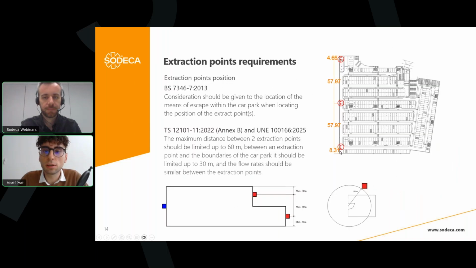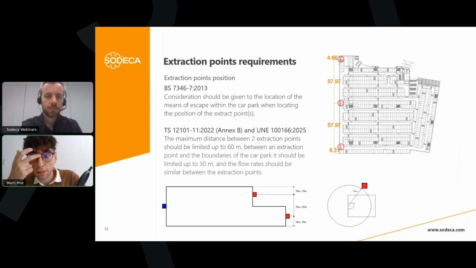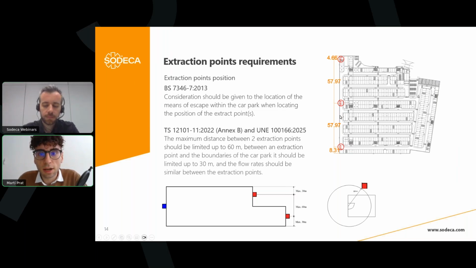What I show here, this data, is only for a jet fan ventilation design. If we have a smoke extraction with ducting, then it is different. But if we have a jet fan ventilation system, we say to maintain this maximum distance between this extraction point and the other extraction point to have a uniformly distributed extraction.